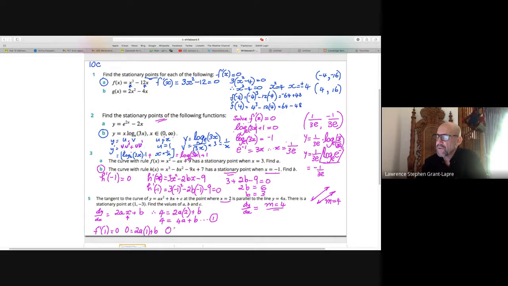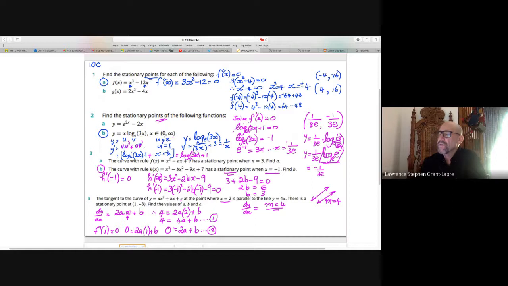Therefore, 0 equals 2a plus b. And there is a second equation. And we know that when x is 1, y is negative 3. So we can find c later. So let's find a and b first using these two equations.